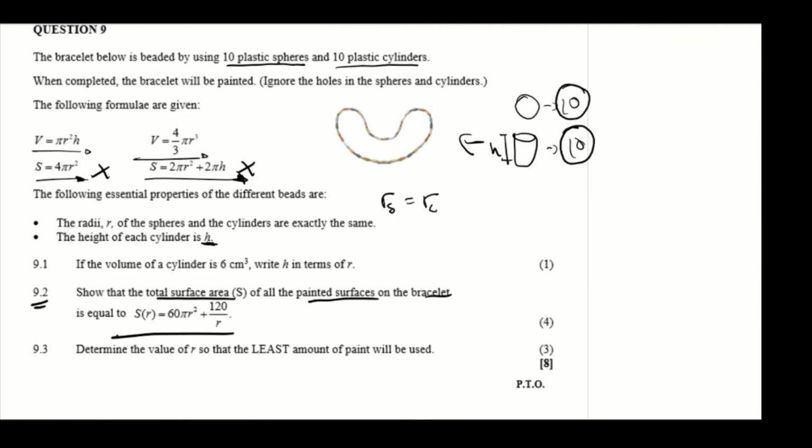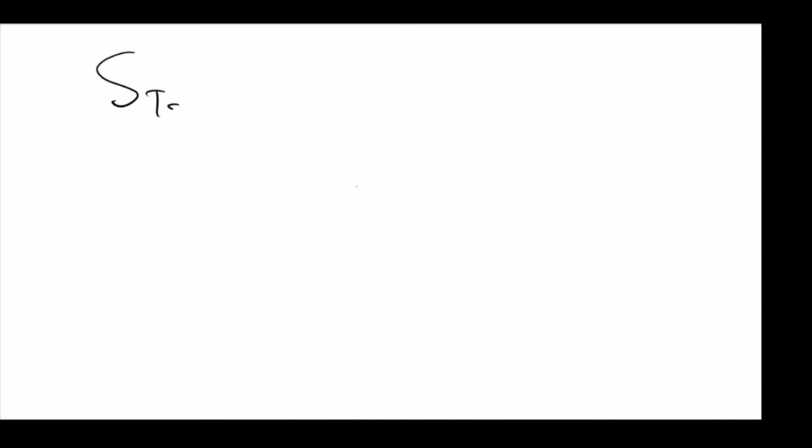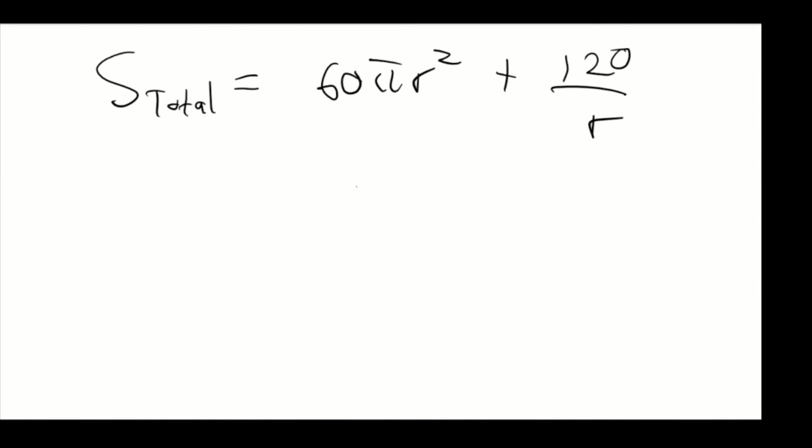Now I'm going to do 9.3. 9.3 says determine the value of r so that the least amount of paint will be used. To determine this value of r, we need to use our total surface area, which is equal to 60 pi r squared plus 120 over r. To find the value of r such that the least paint is used, we need to find the derivative of this expression.